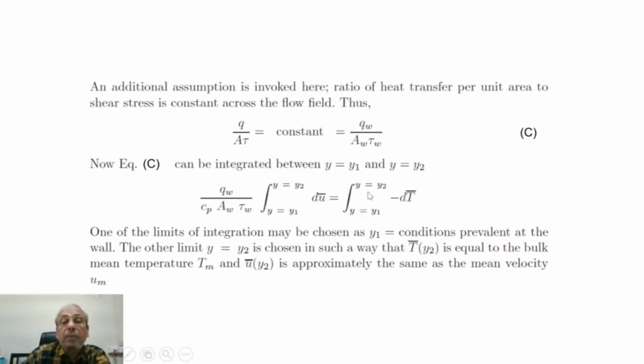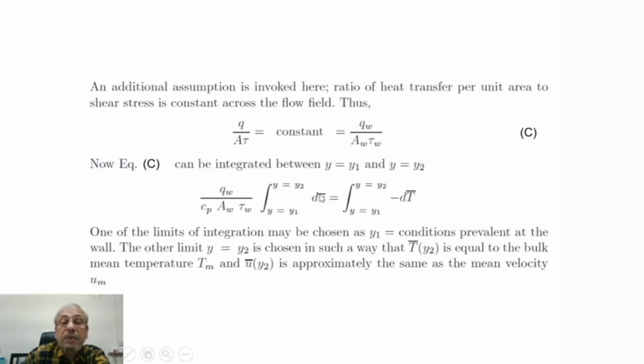Now these limits y1 and y2 are to be further clarified. One of the limits of integration may be chosen at y equal to y1, the conditions prevalent at the wall. The other limit y2 is chosen in such a way that T bar at y2 is equal to the bulk mean temperature, and U bar at y2 is approximately the same as the mean velocity.